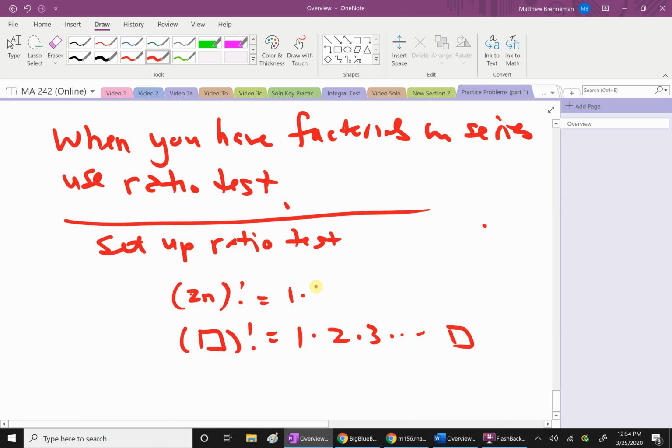So this is a set of instructions telling you to multiply 1 times 2 times 3 times ... 2n minus 1 times 2n. That's why that 2 cannot come out, because it is part of the quantity that I'm taking the factorial of. It's an excellent question.